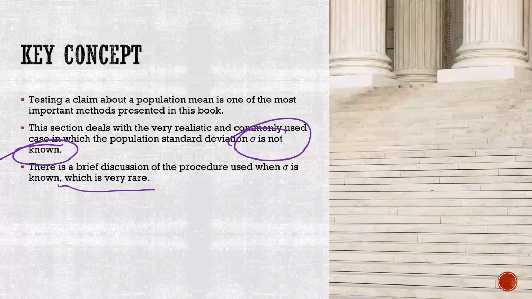So what distribution do we use when we do not know the population standard deviation? We do have the sample standard deviation, but that is a biased estimator. So what distribution do we have to use? We use the same thing as when we calculated a confidence interval for the population mean.